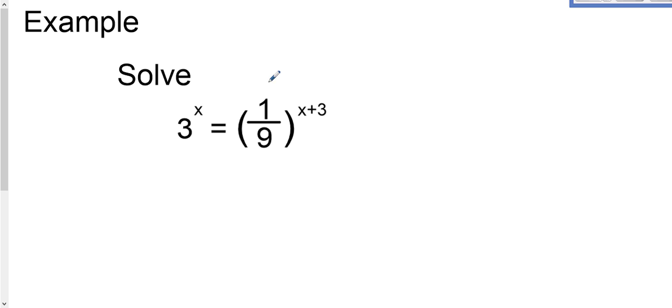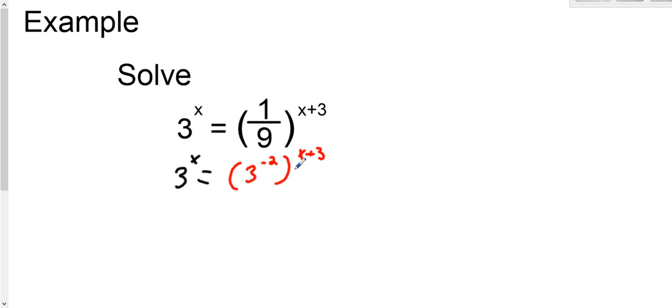So while my left side is going to stay the same, so the left side is going to be 3 to the x. The right side, however, can be written using a negative exponent as 3 to the negative 2 power. 3 squared is 9, and negative will take the fraction away, so those are equivalent. And the exponent comes straight down.